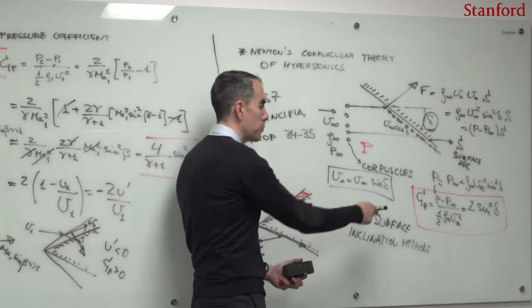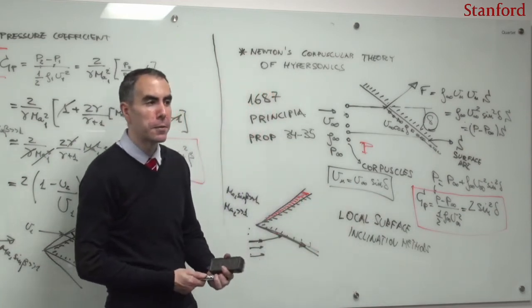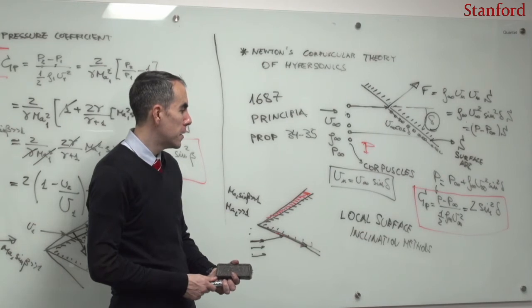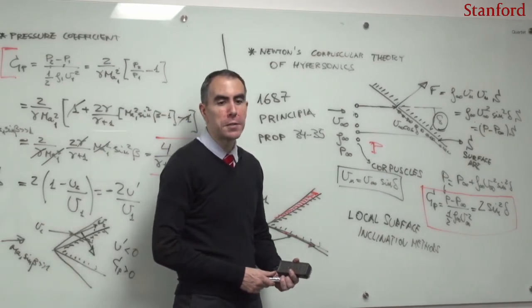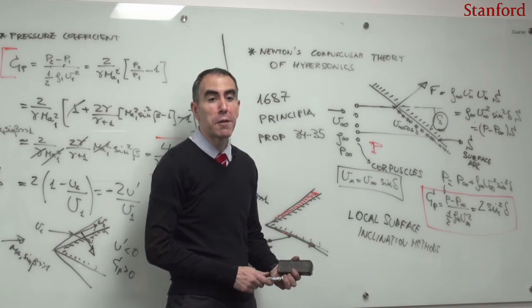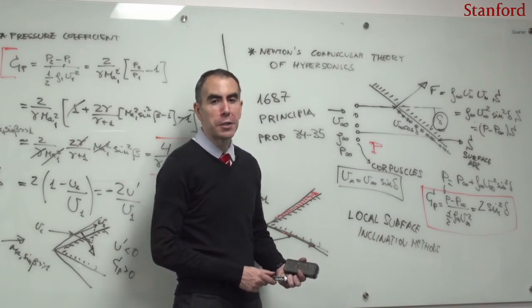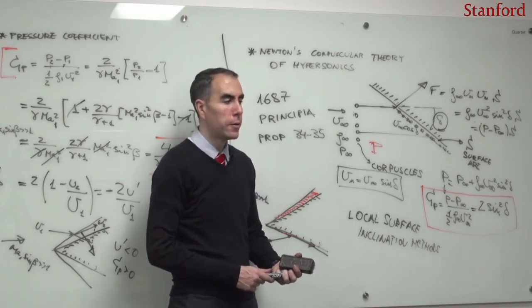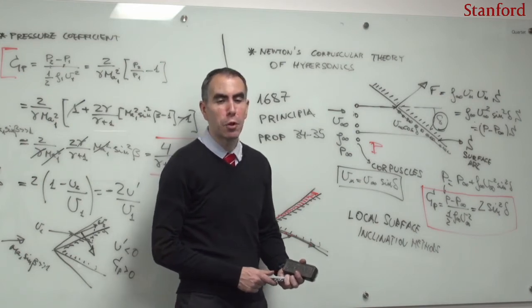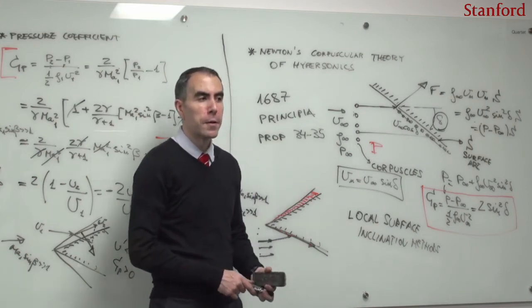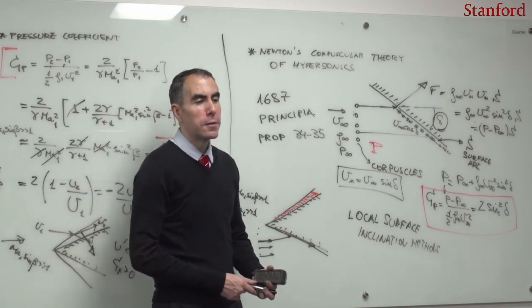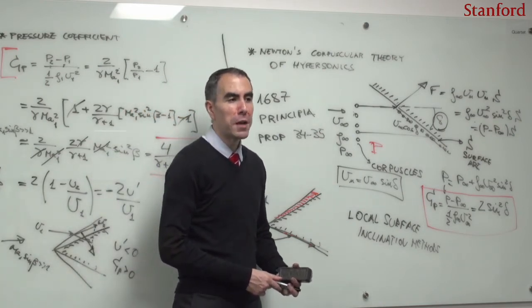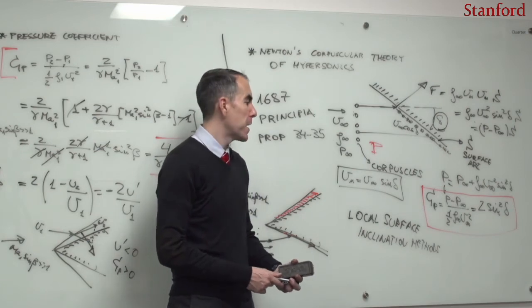This happens with the forces on the object at hypersonic speeds, because most of the force on the object is generated by the wave drag, by the pattern of shock waves around the vehicle. Those shock waves impose a pressure field, and that pressure field tends to be kind of insensitive to the Mach number at very high Mach numbers.